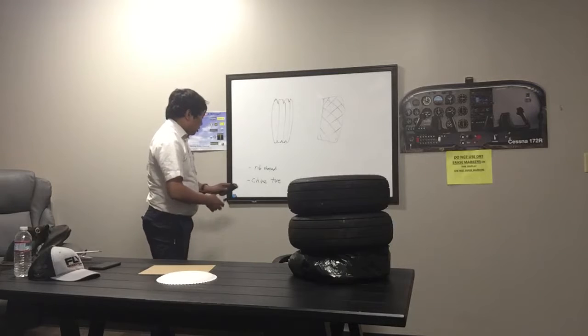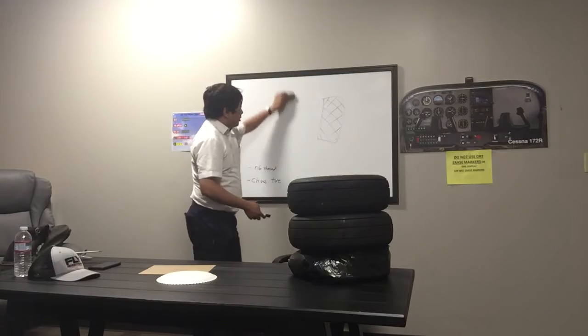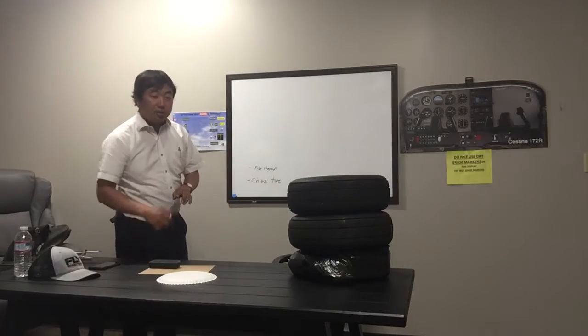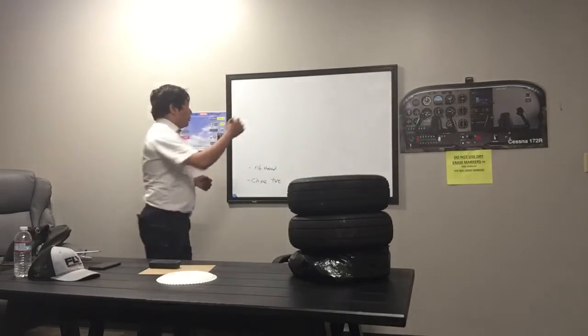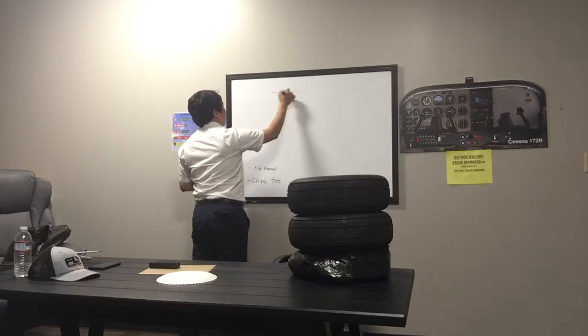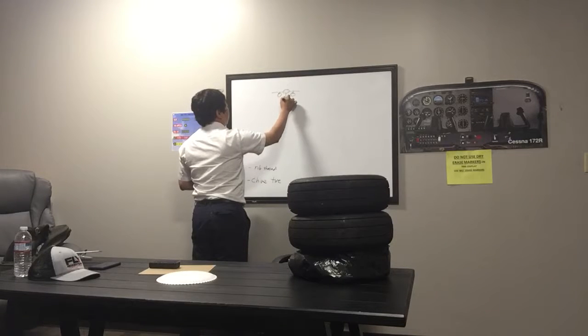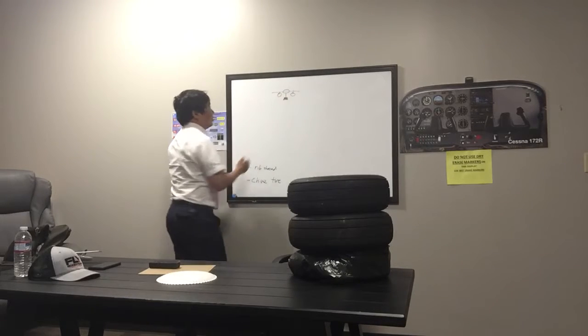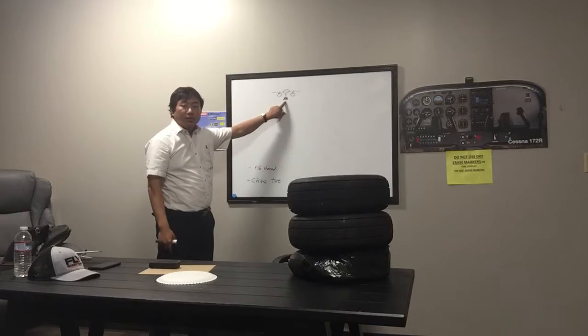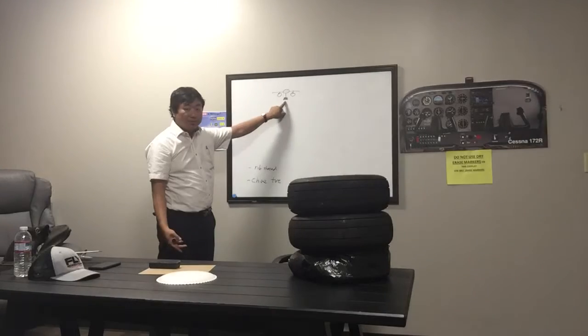The last one I want to talk about is a chine tire. A chine tire is used for the nose wheel of jet airplanes. Think about most jet airplanes: fuselage, and there are turbine engines. The nose wheel is located in the front of the aircraft.